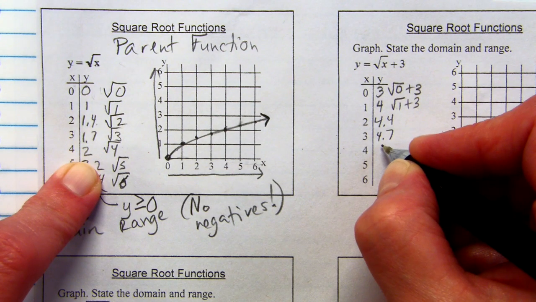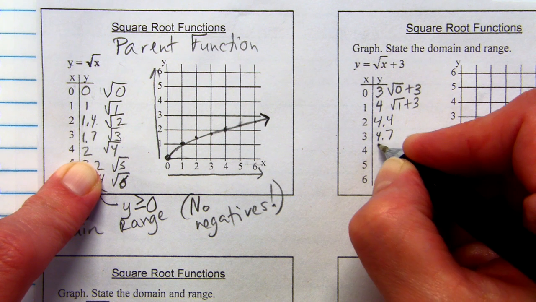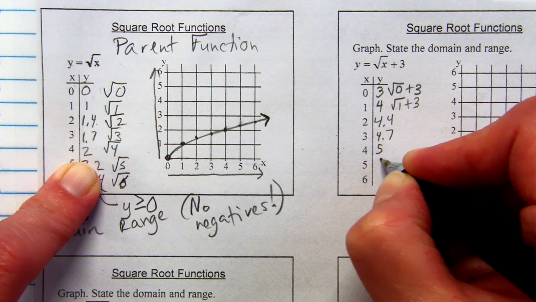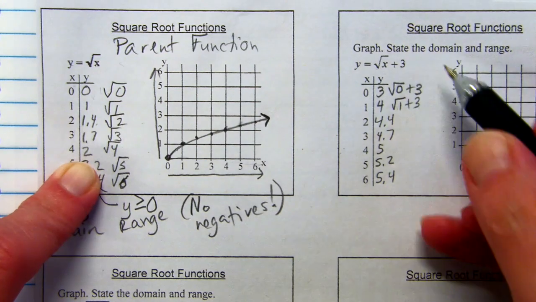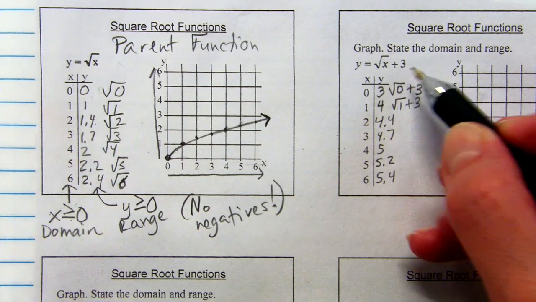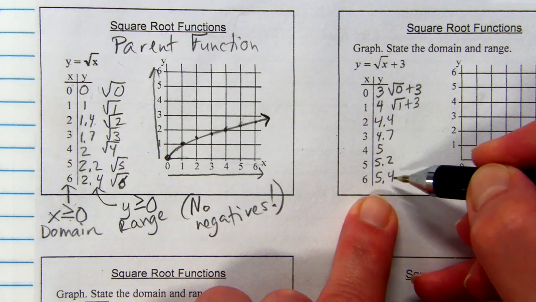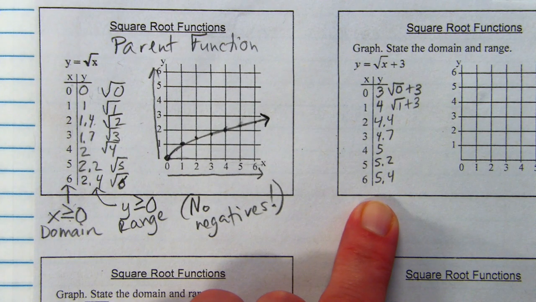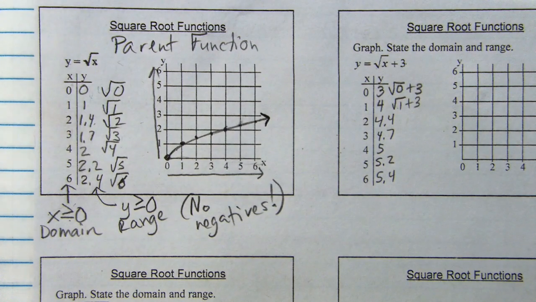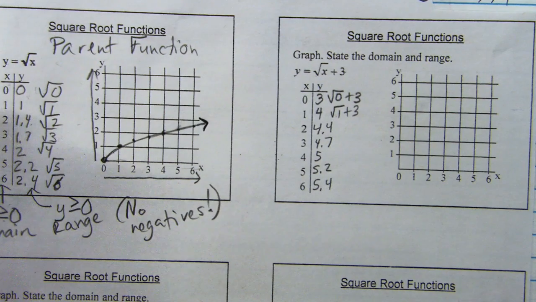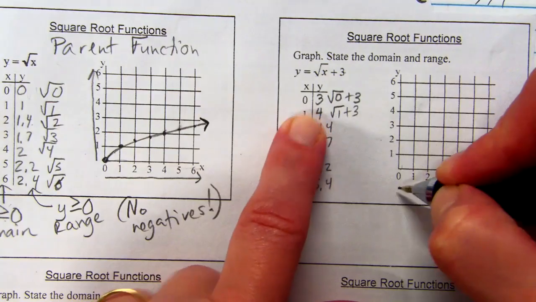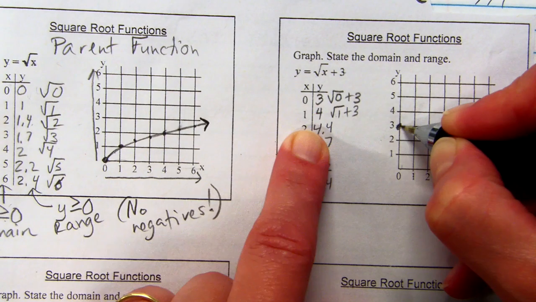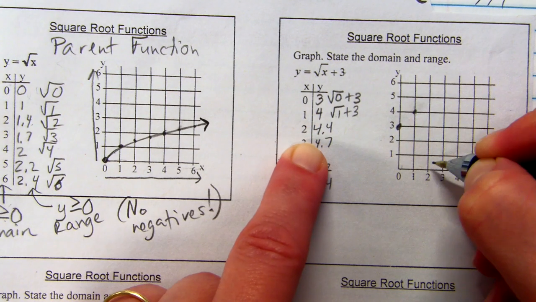So this is going to be 4.4, 4.7, 5, and 5.4. So basically what this did is it just upped all of those y values by 3, because we're just adding 3. So my x values are the same, but my y values are 3 units higher.